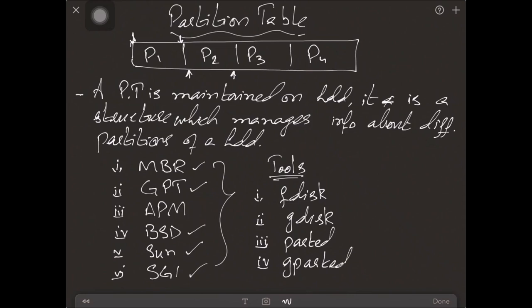These two are normally used for GPT as partition table. Then we have cfdisk, which is a curses based program for partitioning the block devices. And this cfdisk no longer supports CHS addressing, which we have read in the last session. We have sfdisk. It is a script oriented tool for partitioning block devices, and there may be more as well.